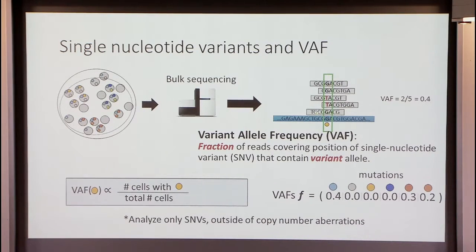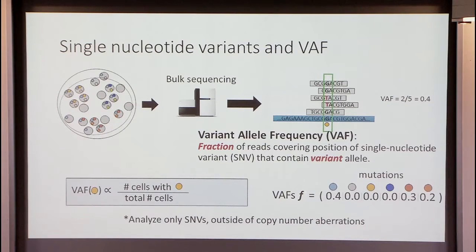If I look at the fraction of reads covering a position that contain the variant allele, meaning the somatic mutation, then this variant allele frequency should be proportional to the fraction of cells that had that mutation. Again, assuming no copy number aberrations, right? So if every cell in the sample had the mutation, and it was even a homozygous mutation, then the variant allele frequency is 1. Other frequencies might be 0.5, 0.3, 0.2, 0.1. That's giving us some information about the fraction of cells with the mutation.